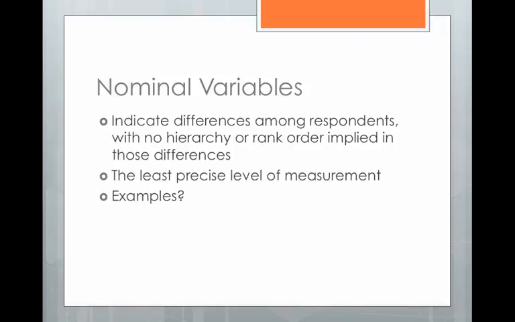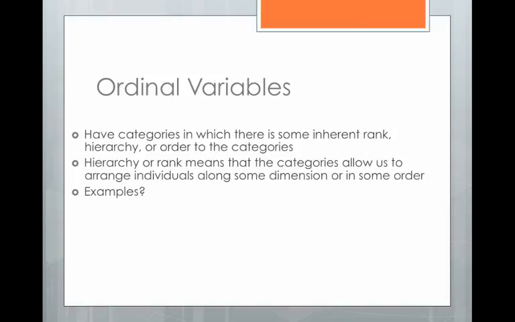Oftentimes people will put that in alphabetical order or what they expect to have the most of, but there's no inherent order to that question. So nominal variables have no inherent rank or order in the categories. So again, you're looking at how people can respond to that survey question in order to determine what is the level of measurement.